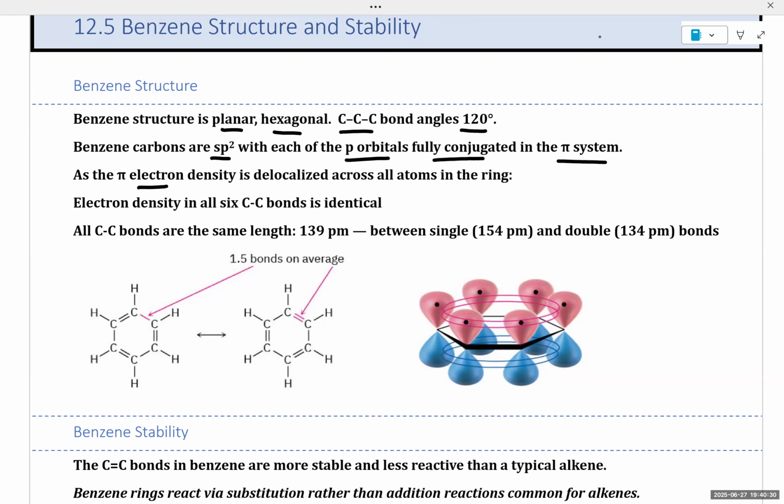Because the pi electron density is delocalized across all atoms in the ring, the electron density in all 6 carbon-carbon bonds is identical, and that's why all carbon-carbon bonds are the same length of 139 picometers. Note, these bonds closely resemble quote-unquote 1.5 bonds, as they have a bond length and strength in between that of a double and a single bond.